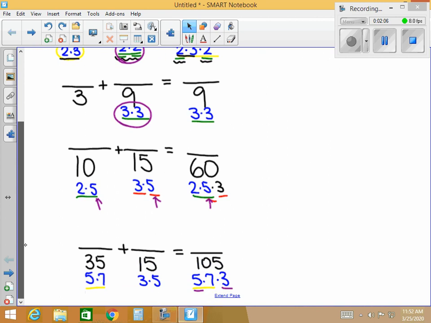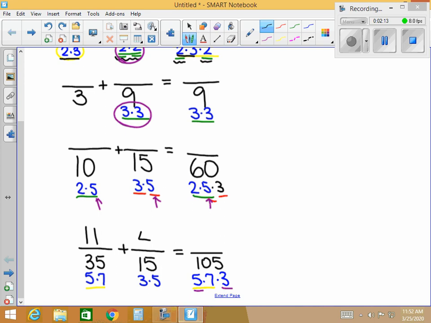I'm going to hop down to the bottom to the 35th and the 15th one. Let's say this is 11/35 and 4/15. And of course, if I have my calculator, students will say, well, I'll take 105 divided by 35 and see what that number is. We can't do that with things like x squared plus 4x minus 5.